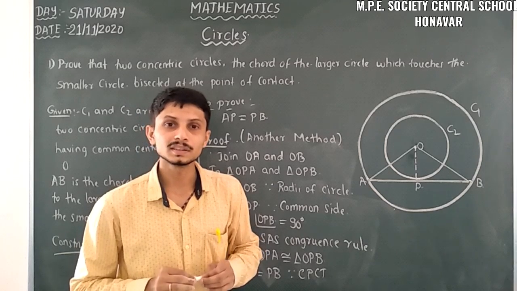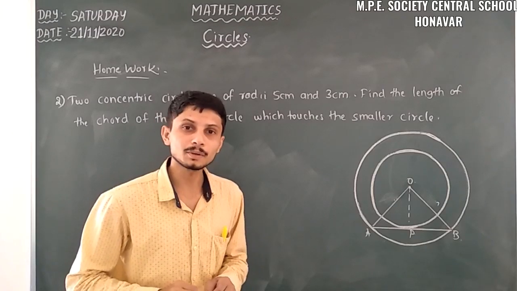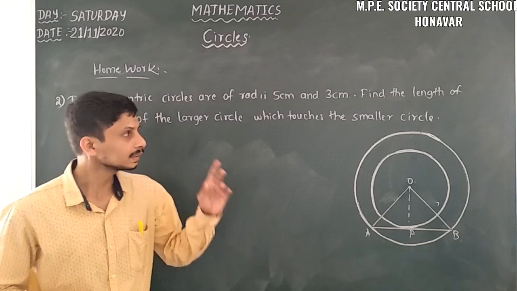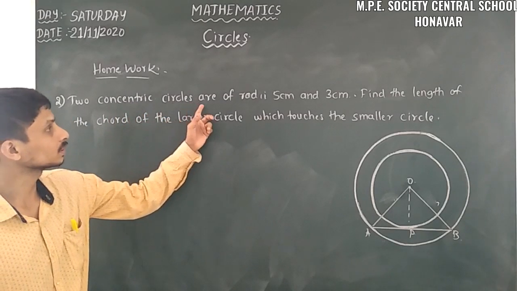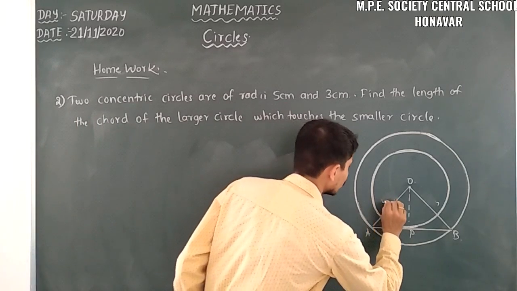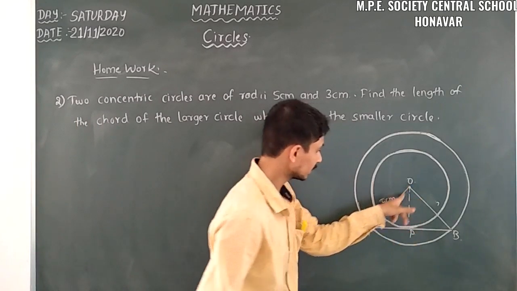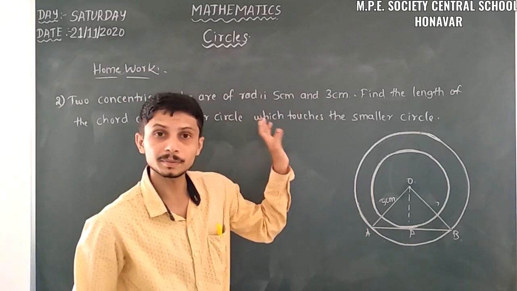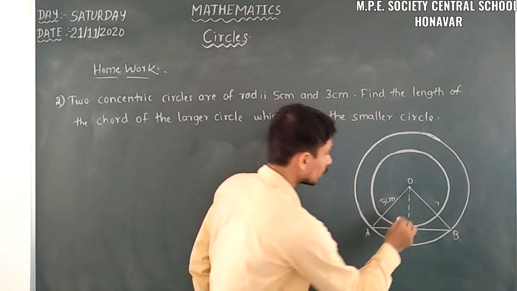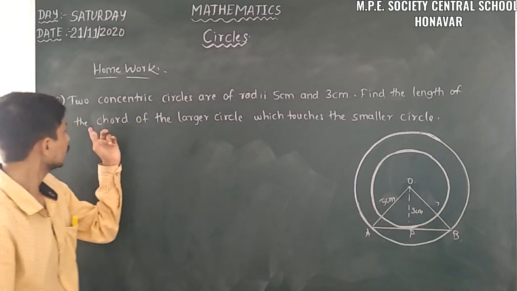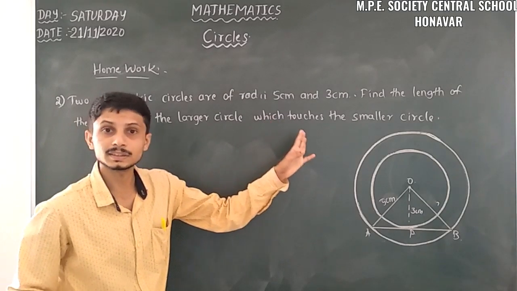So let us take some homework. Here it's related to the last problem we discussed. Here also we have two concentric circles of radius 5 cm and 3 cm. That means 5 cm is the radius of the first circle, and 3 cm is the radius of the small circle. We have to find the chord of the larger circle which touches the smaller circle.